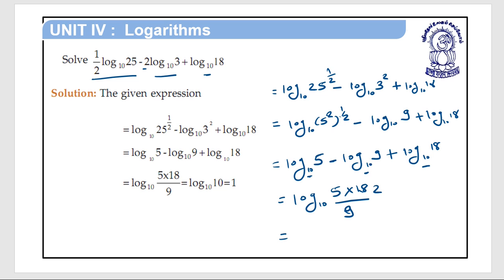So 9 2s are 18, 5 2s are 10, log 10 with base also 10. So log 10 to the base 10 is equal to 1. So the answer is 1.